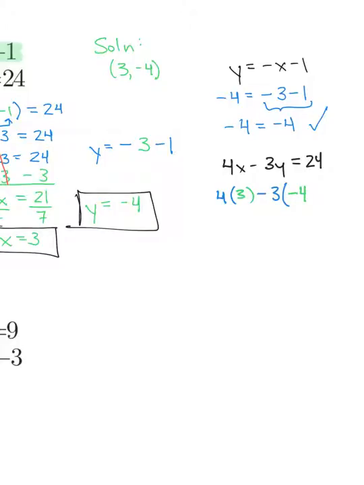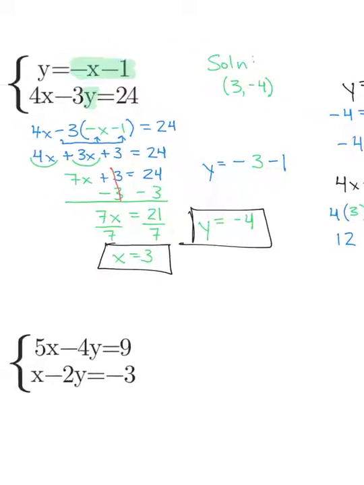And I want to know, is that equal to 24? So 4 times 3 is 12. Negative 3 times negative 4 is also positive 12. And if we add 12 plus 12, we get 24. So yes, 3, negative 4 is the solution.